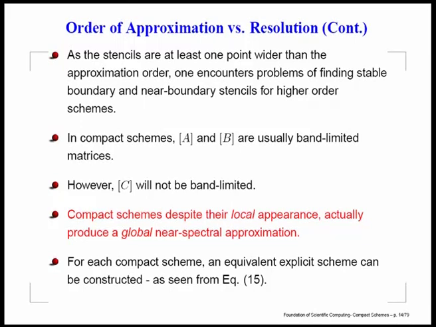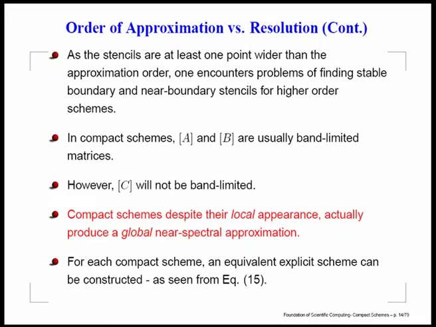It is so good, let me tell you, the compact schemes are so much more handy and accurate than the so-called spectral element method, an offshoot of the finite element method that is often used by many people. Although they call it a spectral element, they do use Lagrange interpolation functions of the order of 3, 4, or 5 at the most.